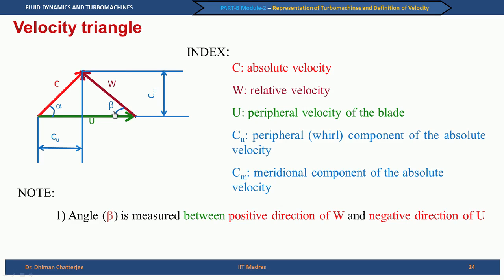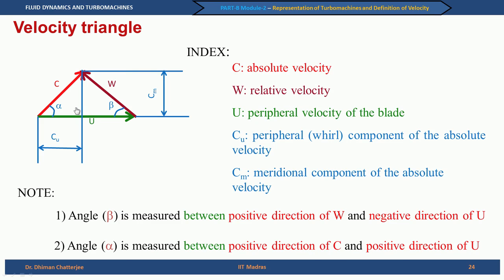So, beta is the angle measured between the positive direction of w and the negative direction of u, whereas alpha is the angle measured between the positive direction of c and the positive direction of u. We will follow this sign convention and these notations consistently for these lectures.